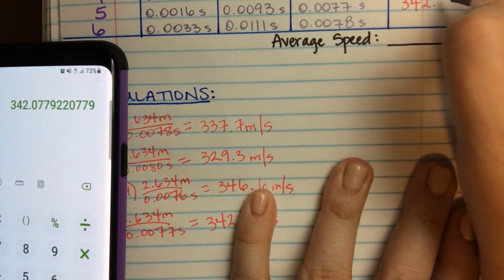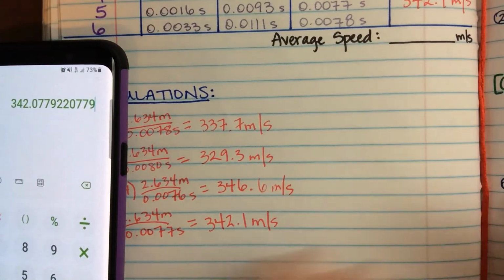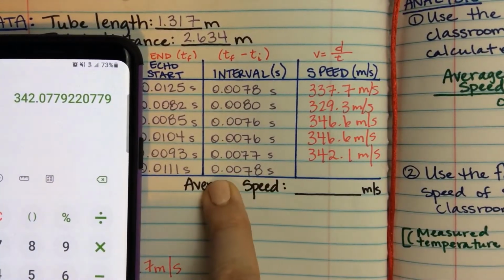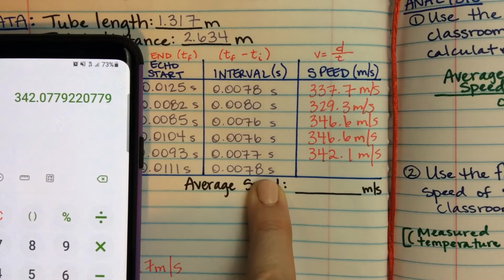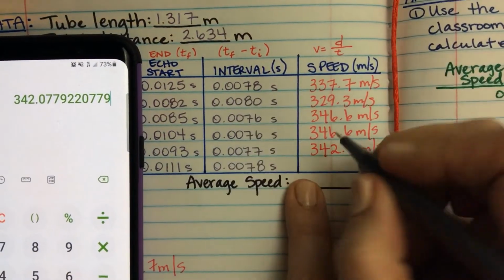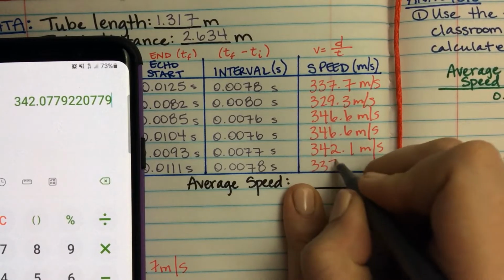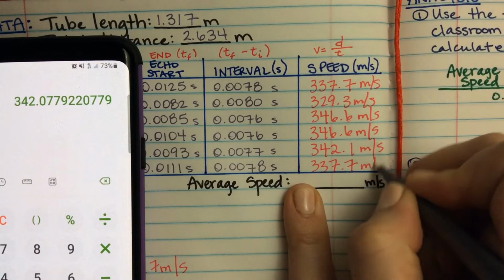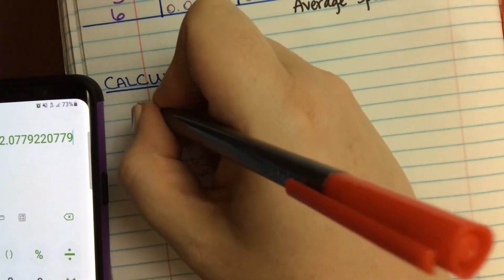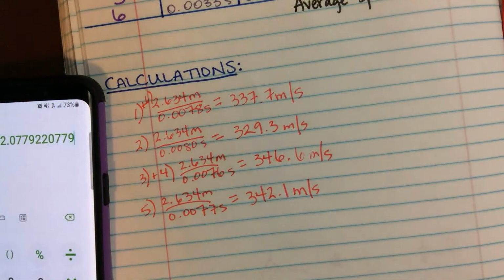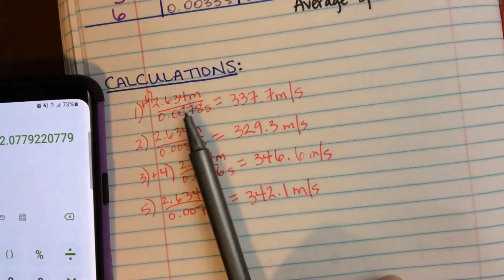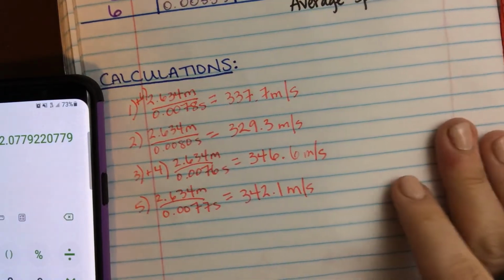And I'm writing that in my data chart as well. And the last one, I can see 0.0078 seconds is the same as my first time interval. So I can go ahead and copy this down here, 337.7 meters per second. And up here where it says number 1, I'm going to also put in number 6. So I know that both of those trials had the same time interval.